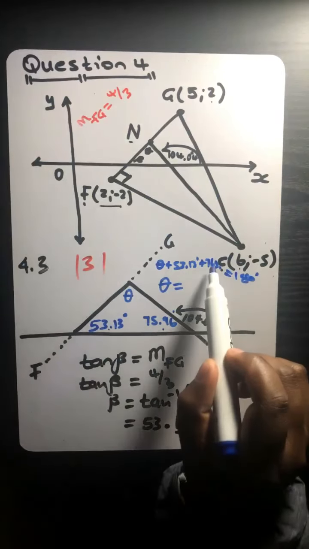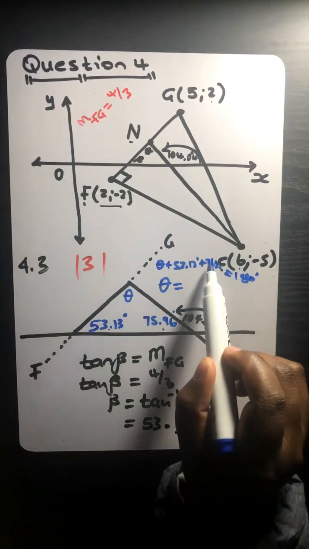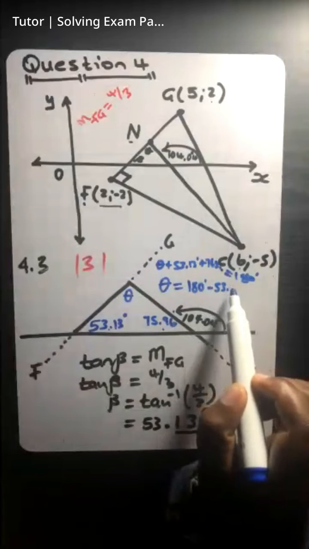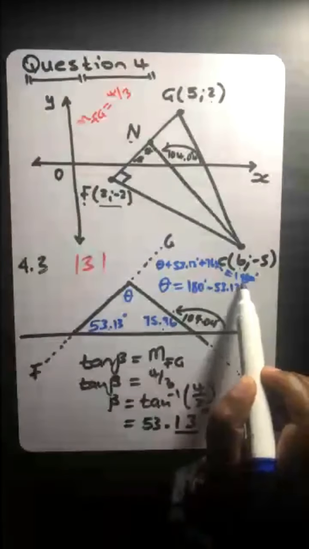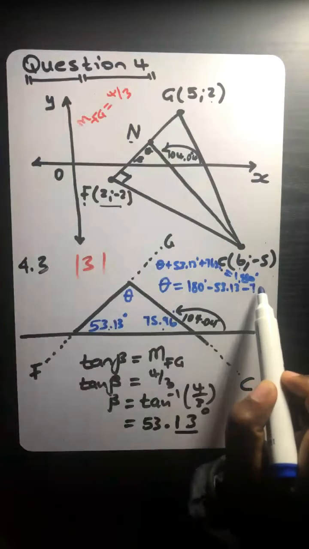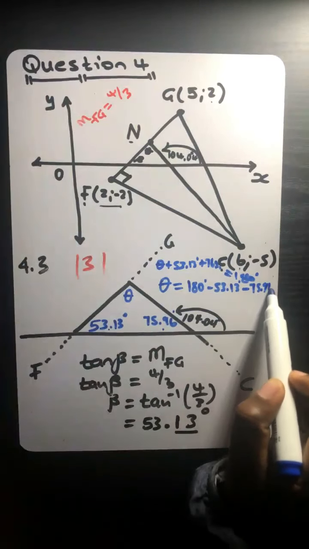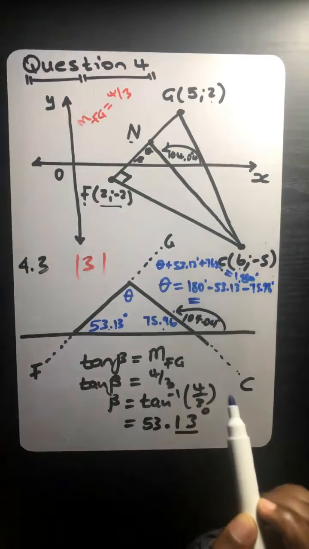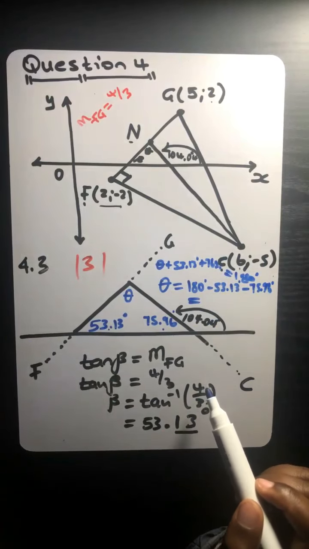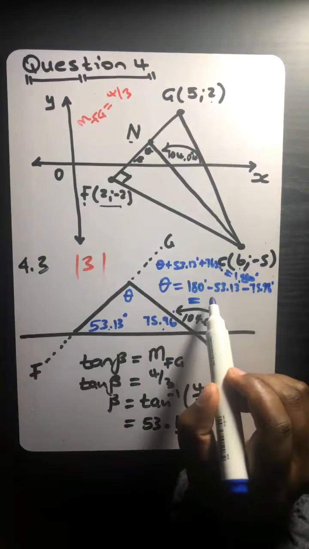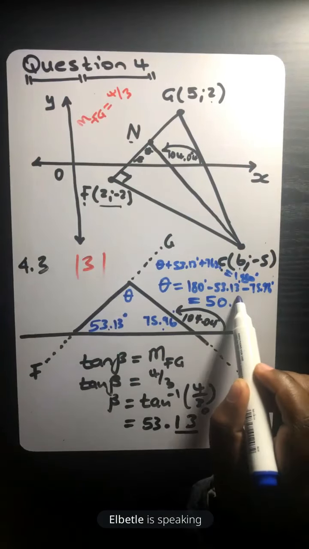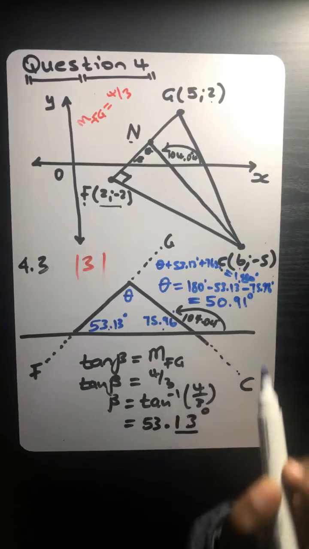So it's just to transpose. Then you have 180 degrees minus 53,13 degrees minus 75,96 degrees. Then what is the size of angle theta? You said 50, what is it? 91 degrees. 50,91 degrees.